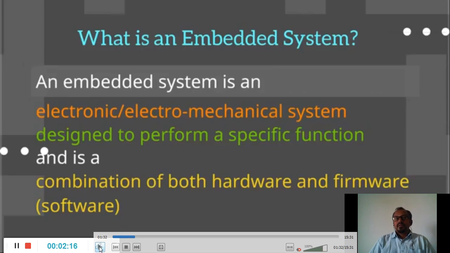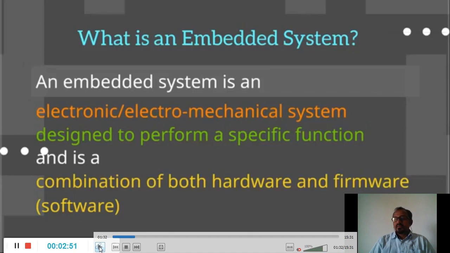It is an electronic and electromechanical system made up of a microcontroller, memory, interfaced IOs, sensors and actuators. As compared to the general computing system, an embedded system is designed and tailored to meet a specific need.